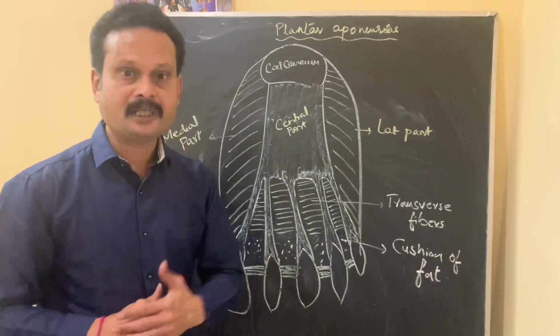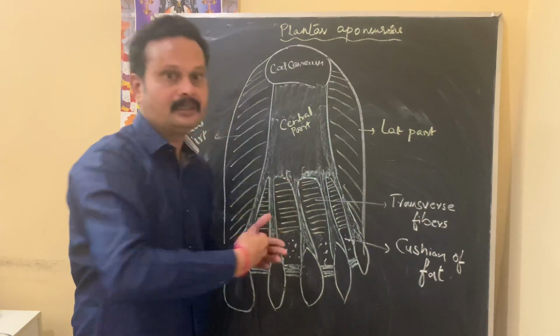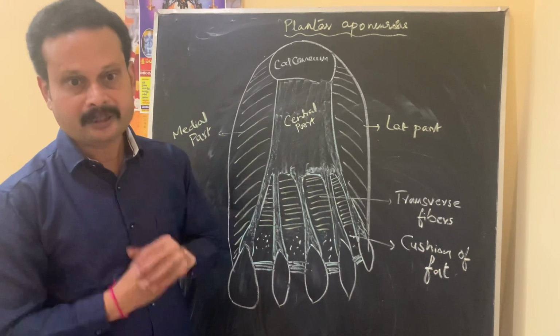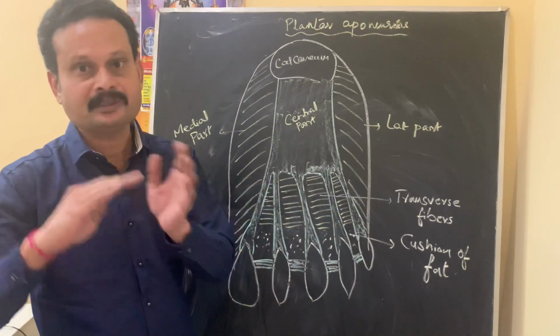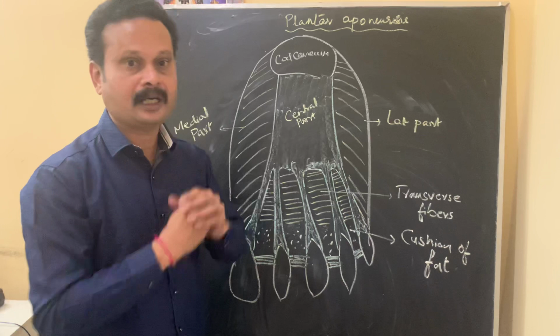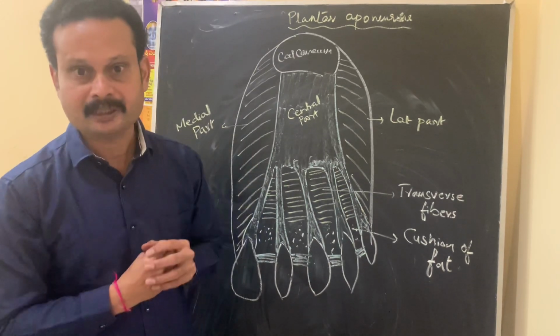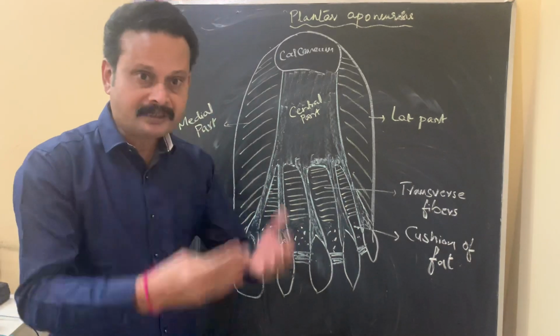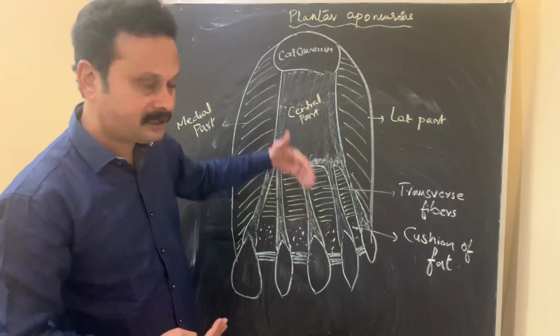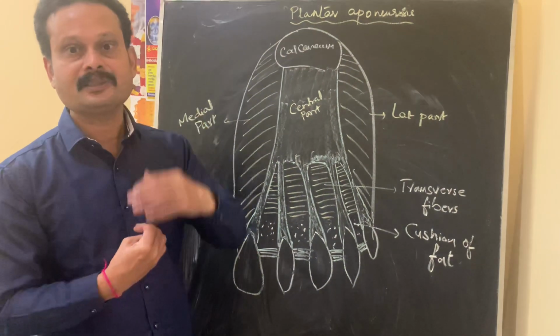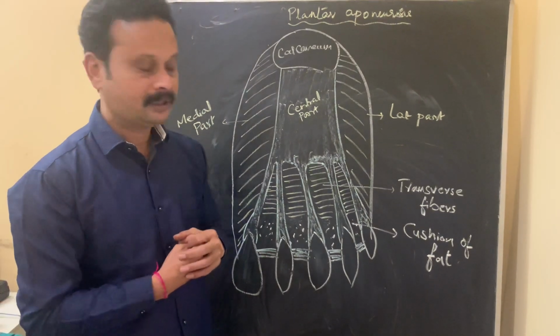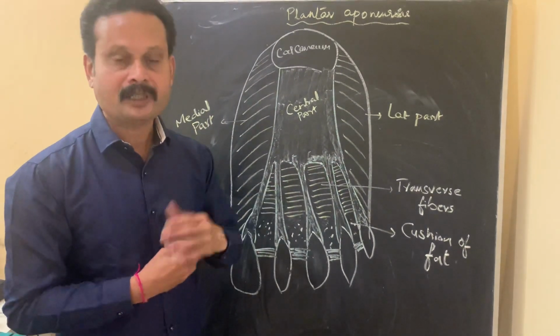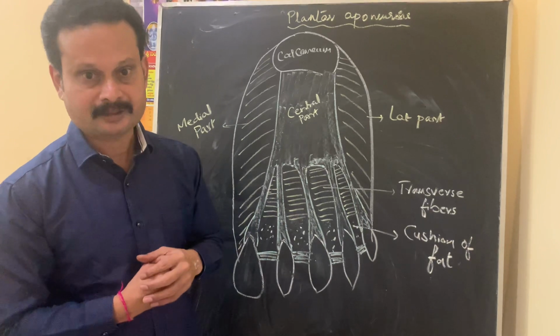The superficial stratum is attached to the dermis by skin ligaments and blends with the superficial metatarsal ligaments, and the deep stratum blends with the fibrous flexor sheaths of the underlying tendons, that is the flexor digitorum brevis, and blends with the deep transverse metatarsal ligaments.